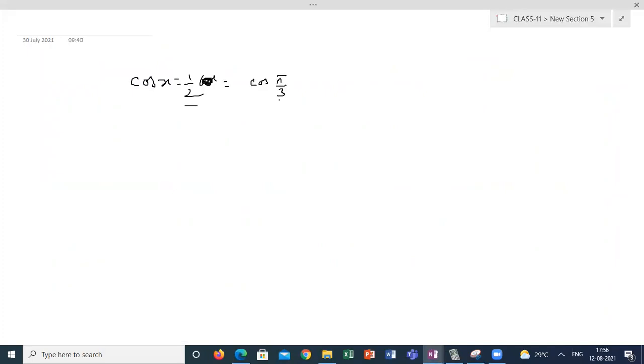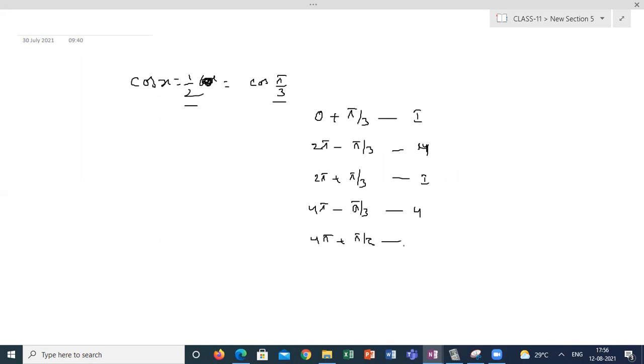Taking pi by 3, it is 0 plus pi by 3, again it comes at 2 pi minus pi by 3. Again it comes at 2 pi plus pi by 3, again at 4 pi minus pi by 3. So this is represented in the first quadrant, this in the fourth quadrant, again this in the first quadrant, this in the fourth quadrant. The next value is 4 pi plus pi by 3, in the first quadrant. Then 6 pi minus pi by 3, representing the fourth quadrant.